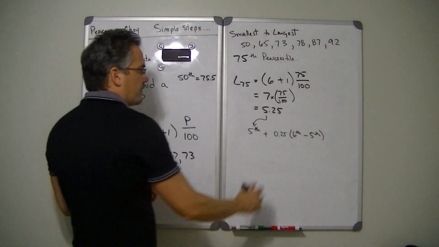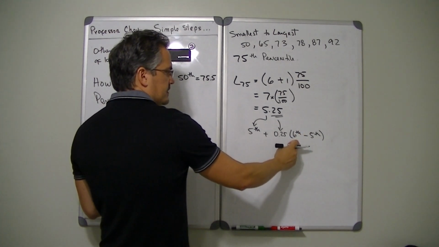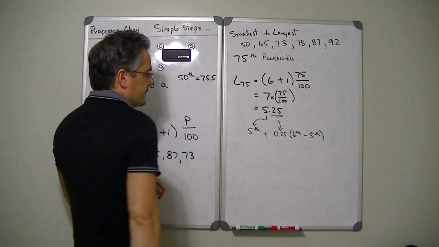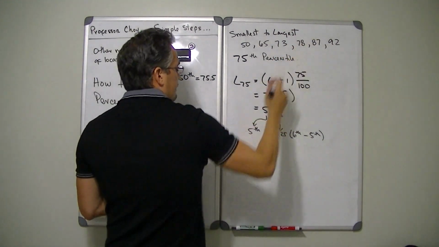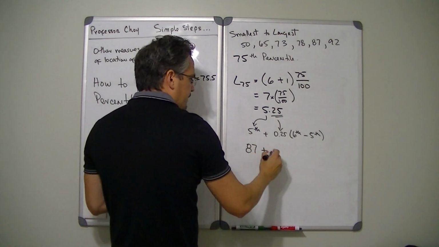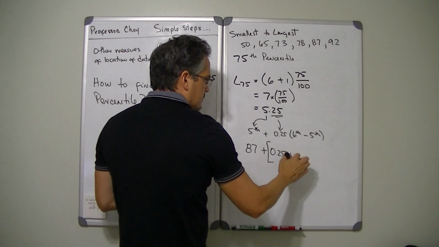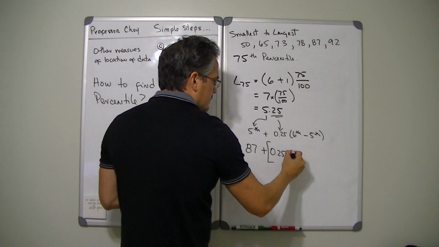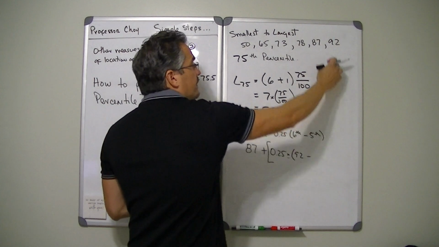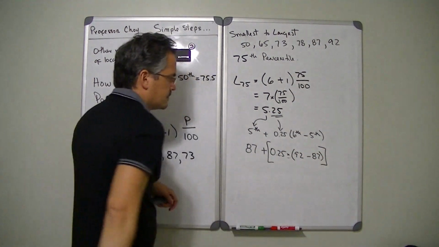Just like before, we're going to move 0.25 of the way between the next number on the list and the fifth number on the list. So, let's fill it out with the numbers. The fifth number is 87. Then we're going to add 0.25 times the sixth number on the list, which is 92, minus the fifth number on the list, which is 87. That's how we do it.